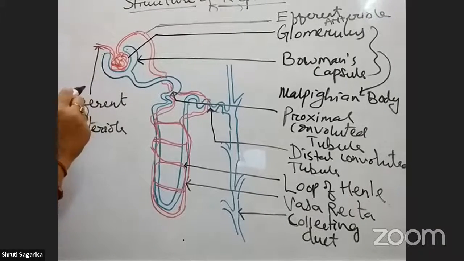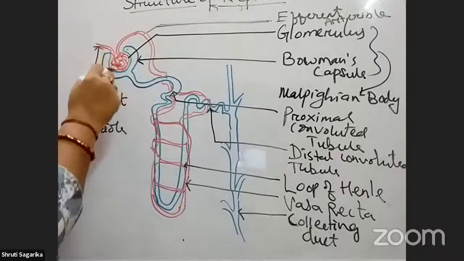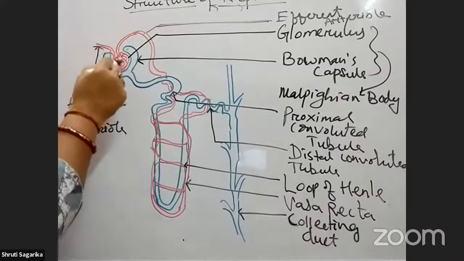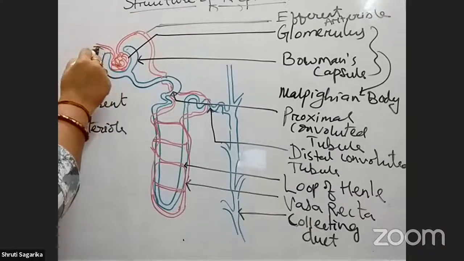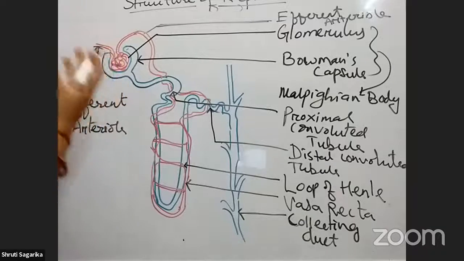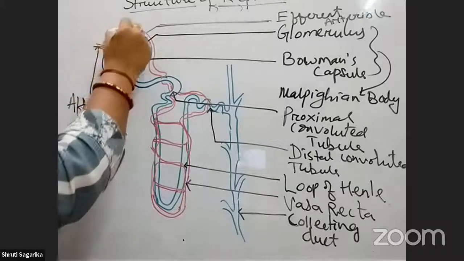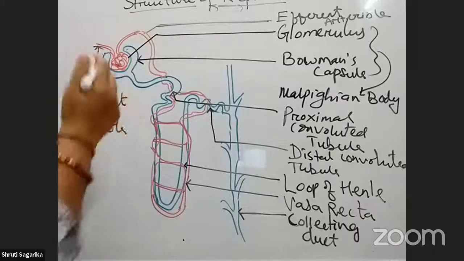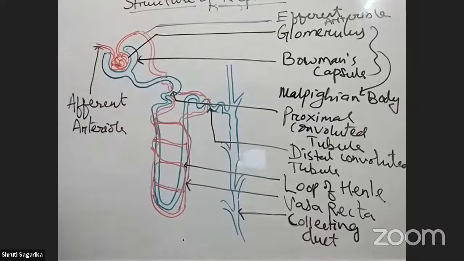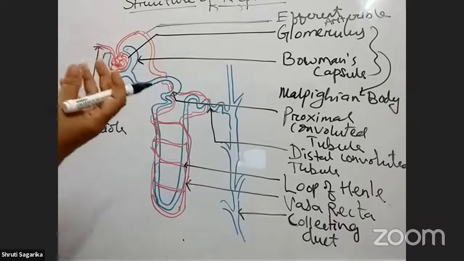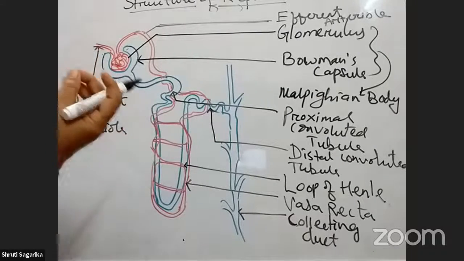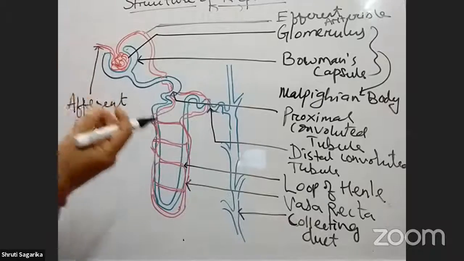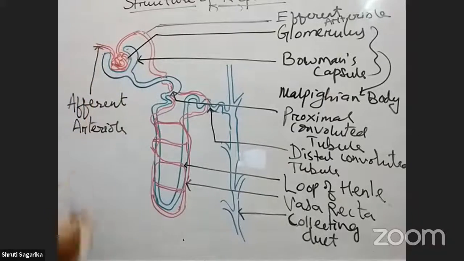The arteriole which enters and forms the glomerulus inside the Bowman's capsule is called afferent. After the glomerulus is formed, it goes out as another arteriole called the efferent arteriole. In the middle there is a tiny ball of blood capillaries called the glomerulus.